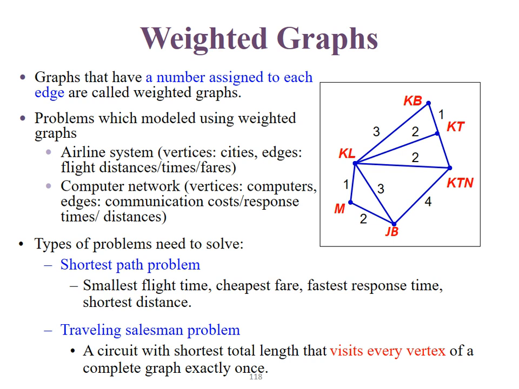You can also label the cost as fare. So the shortest path problem will be to discover a path of the airline system to give you the cheapest fare. Maybe fastest response time or shortest distance, all of that can be solved by the shortest path problem.